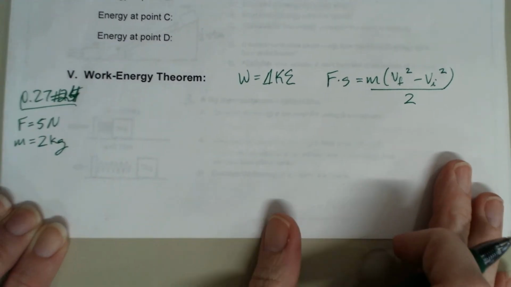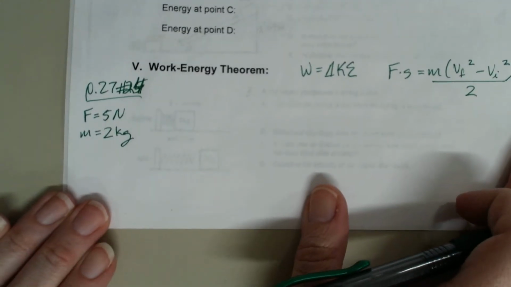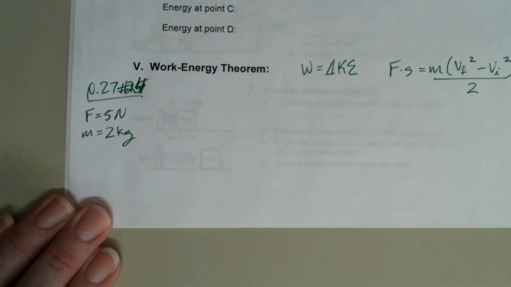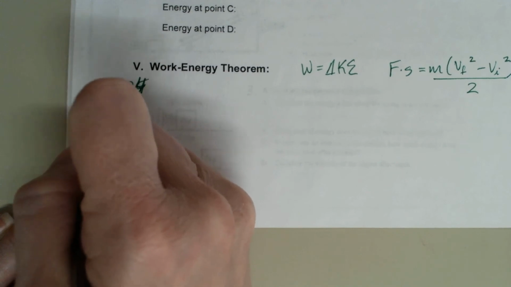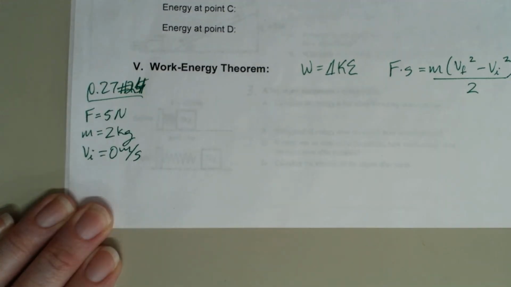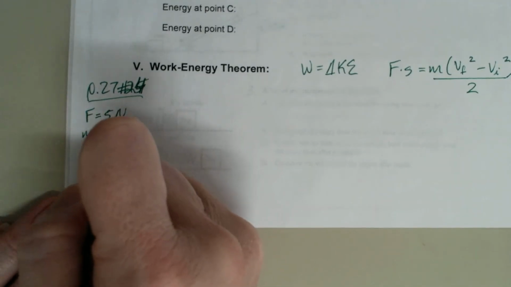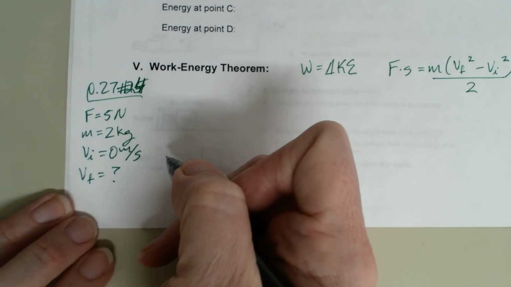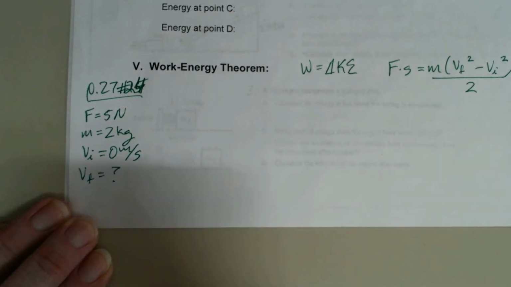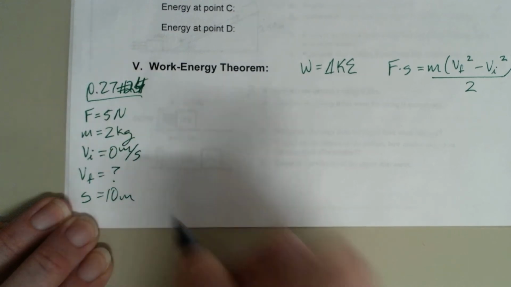Can you see this? Okay. And it's stationary to begin with. That means your V initial is 0 meters per second. And you're looking for how fast it's going at the end. That's V final. So you're looking for V final after it has gone 10 meters. So your displacement is 10 meters.